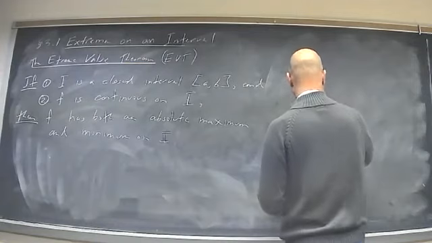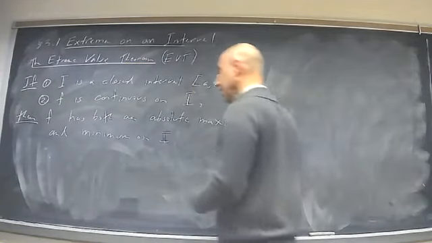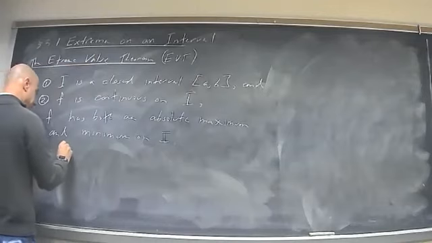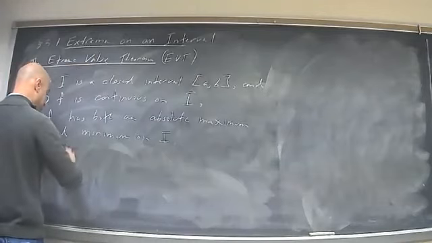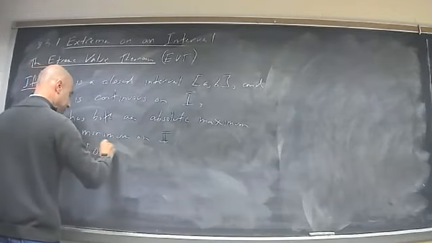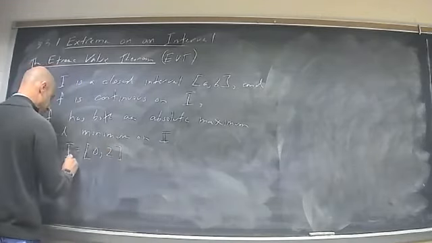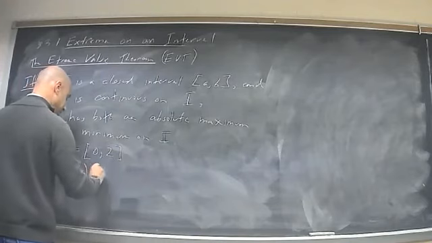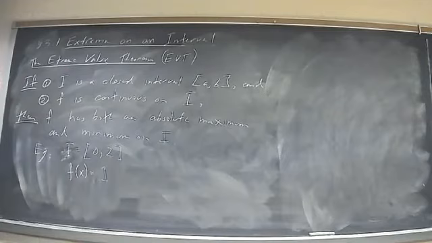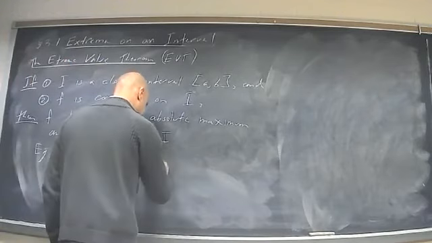Let's take a look at an example. Let's say I is the interval 0 to 2, and let's say f of x equals the constant function 1. Let's just sketch a little picture here.